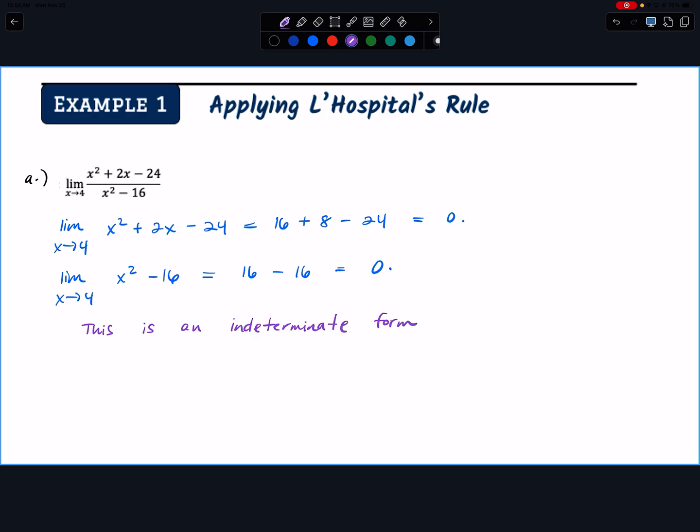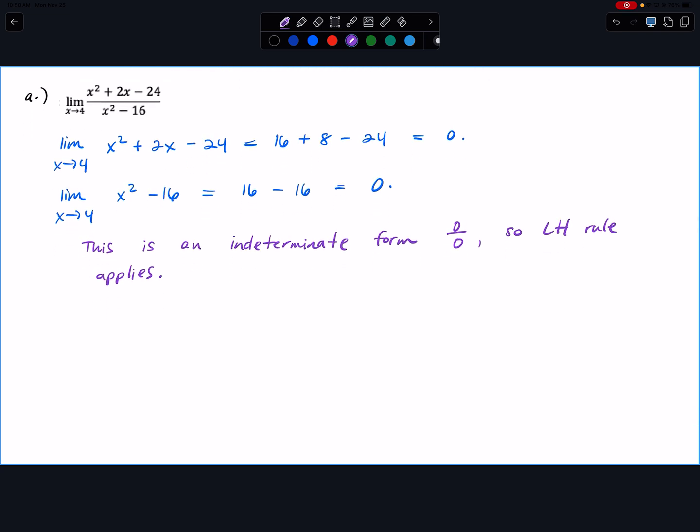Which indeterminate form did this create? 0 over 0. So, L'Hopital's rule, LH rule, applies. This is what I'm looking for in your homework. This phrase, okay?